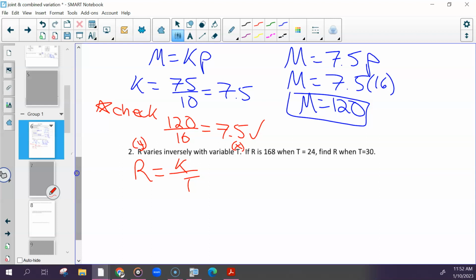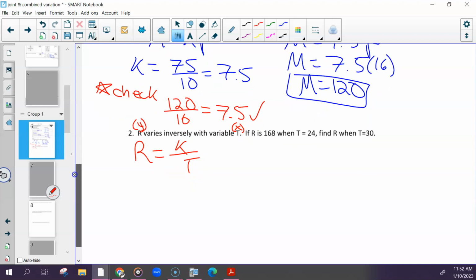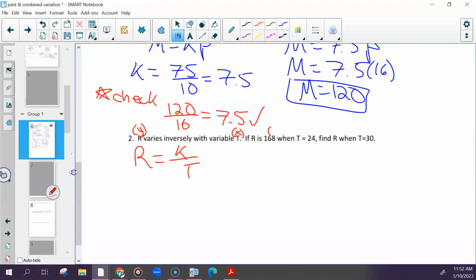Then we can use the information given to start solving for k. So we know r is like y, t is like x. And if we're looking for k, we need to still multiply them together. Do that. Tell me what you get.